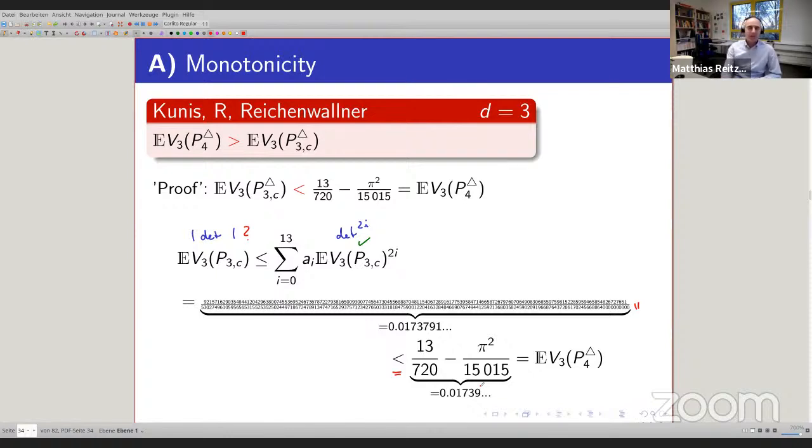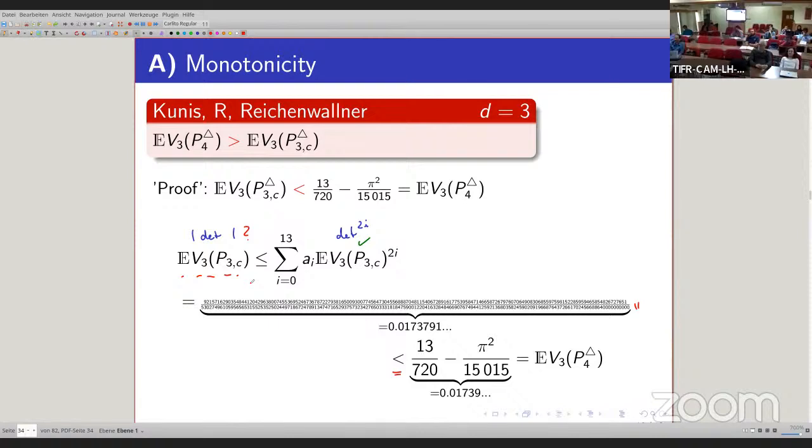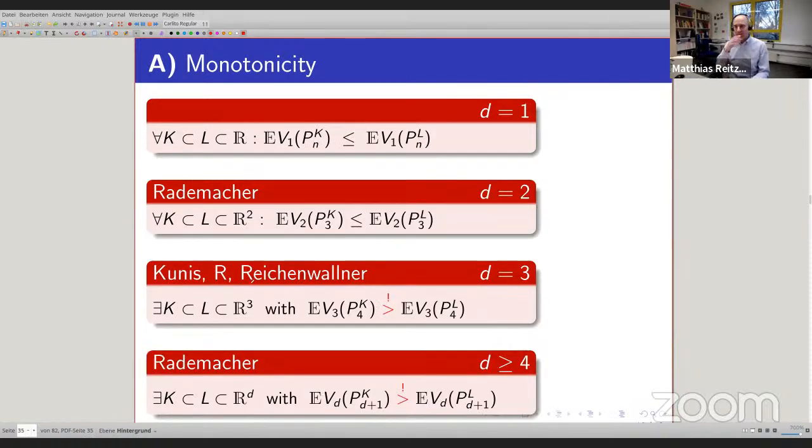Without being able to really say what this is, there's a method from numerical analysis that we can explicitly disprove that this monotonicity property holds in dimension 3. So in dimension 1 and 2, we have this very natural monotonicity property, but starting with dimension 3, it's wrong. So it's not monotone in general.